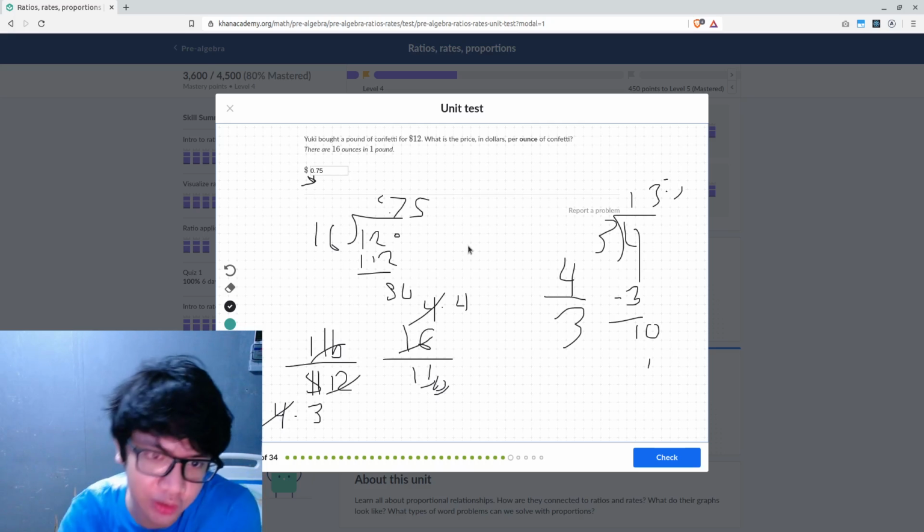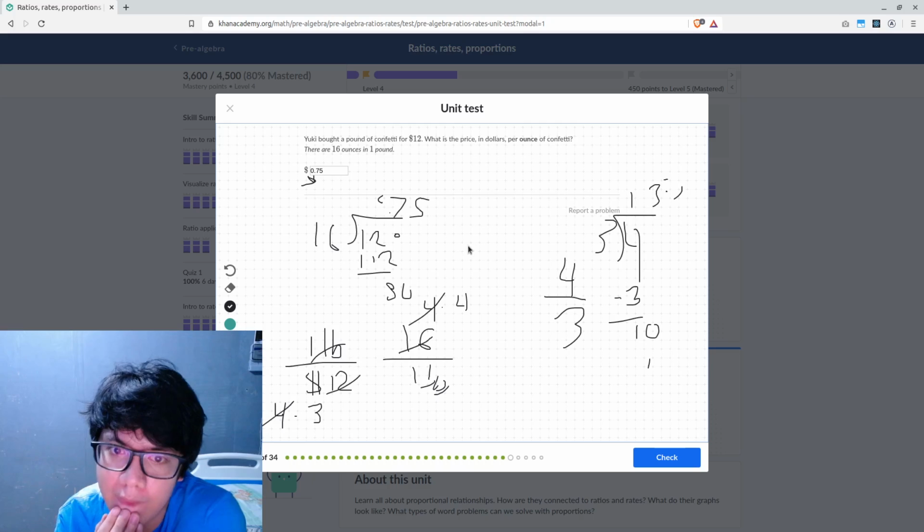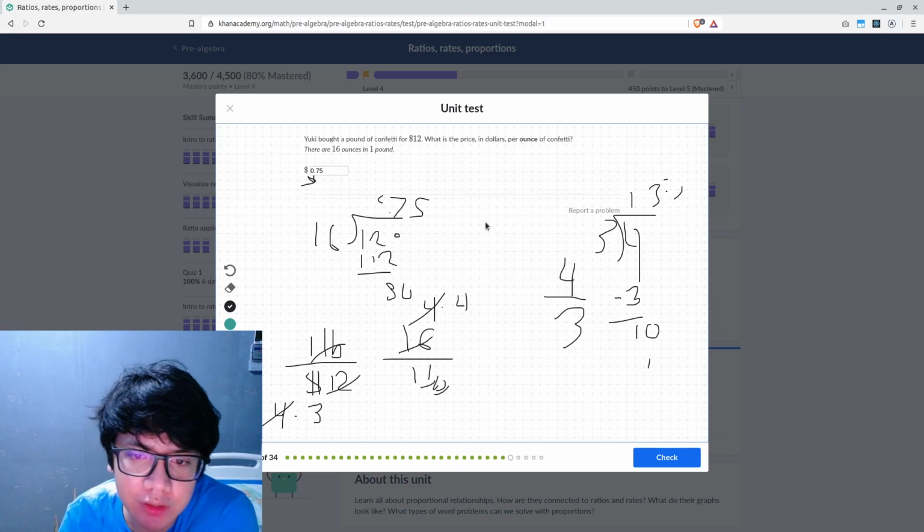Let's do a reality check instead. I mean, let's say you bought a pound, 16 ounces of confetti, for $12. How much per ounce of confetti?